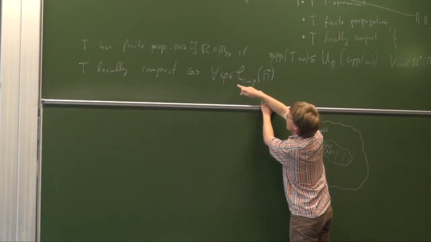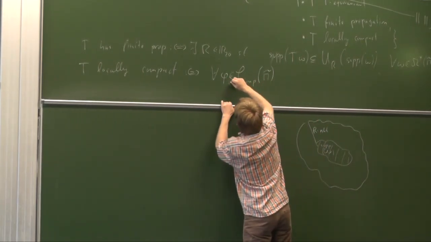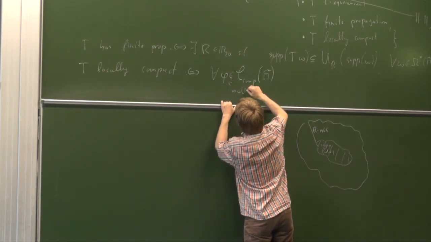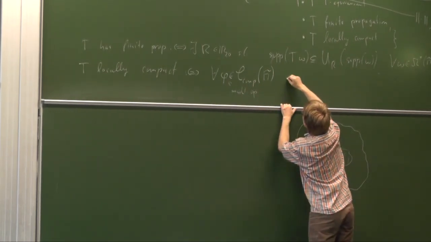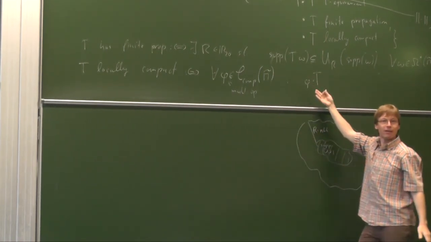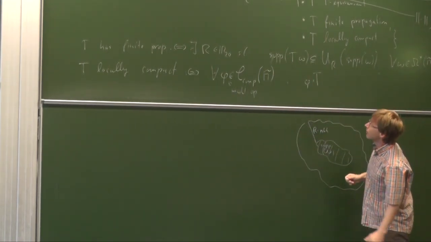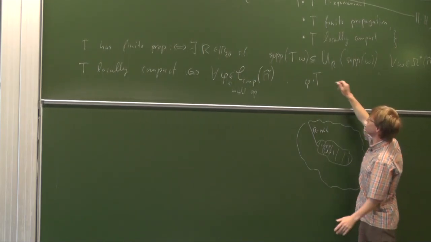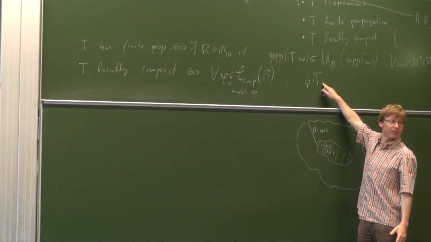So I can think of these, and I won't distinguish them, as a multiplication operator, and therefore I can write down T composed with phi, multiplication pointwise with phi. And local compactness means that this should be a compact operator, as we discussed last time.